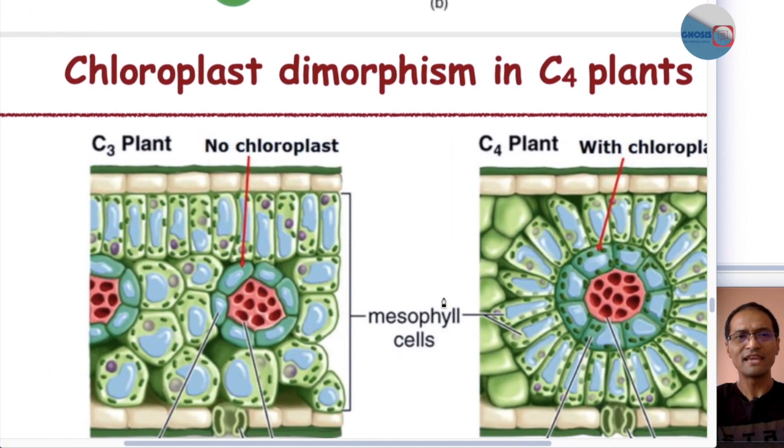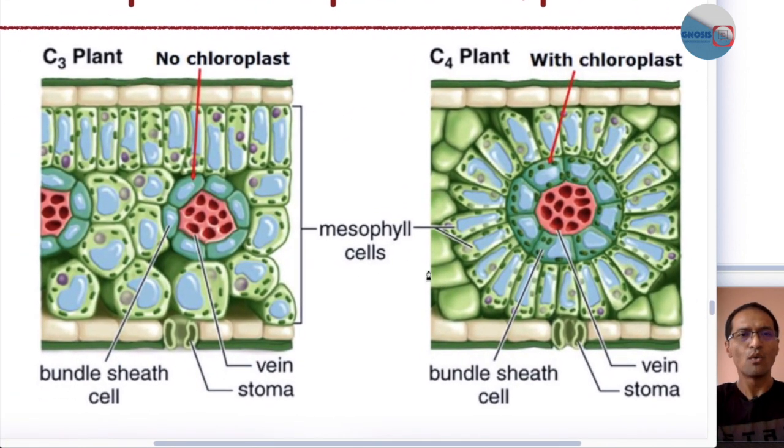So when you look at the anatomy, as I said earlier, in C3 plants, the bundle sheath cells do not contain any chloroplasts. But in C4 plants, the mesophyll cells have chloroplasts, but also the bundle sheath cells over here also have chloroplasts in them.